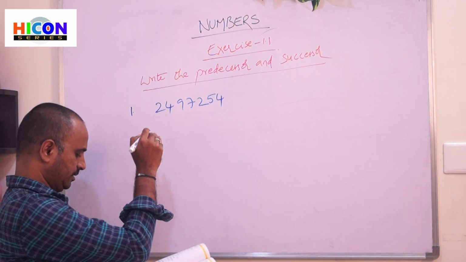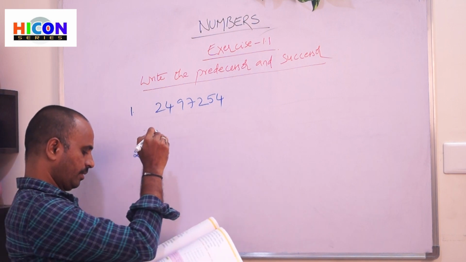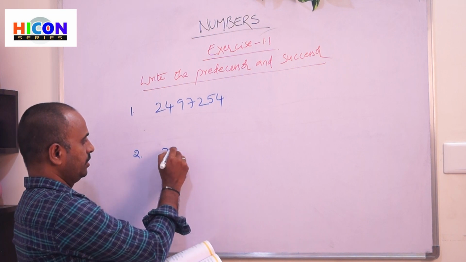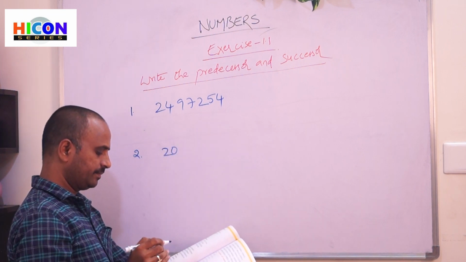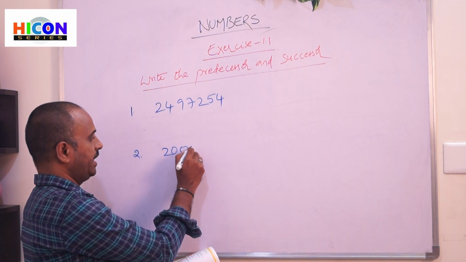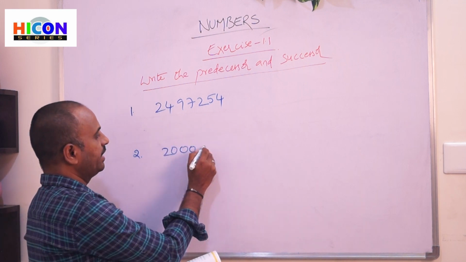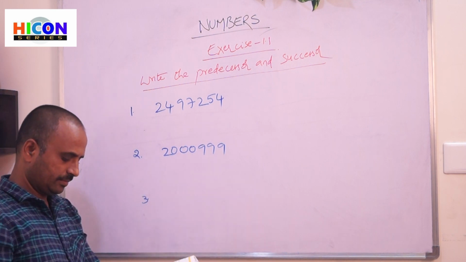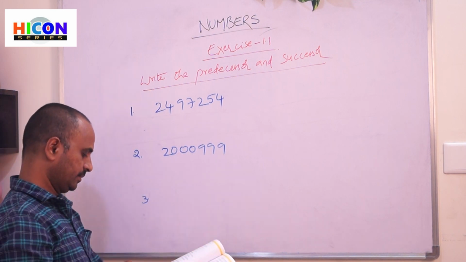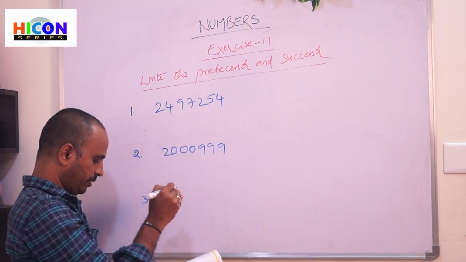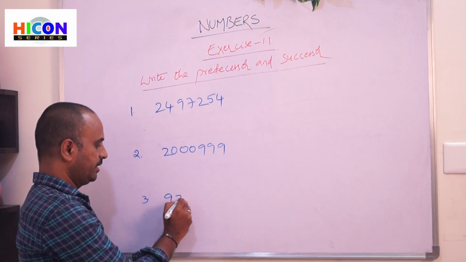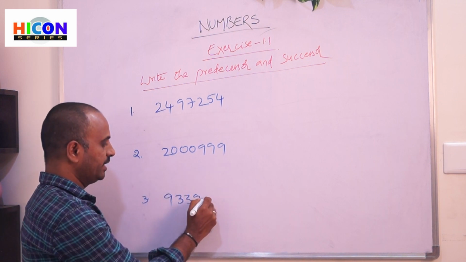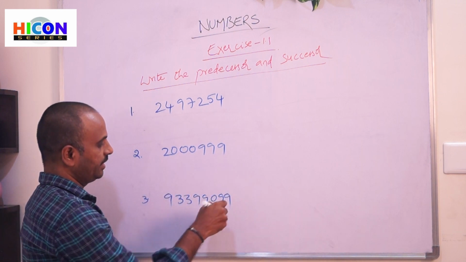And the second one is 20 lakh 999. And the third one is 9 crore 33 lakh 99,099.